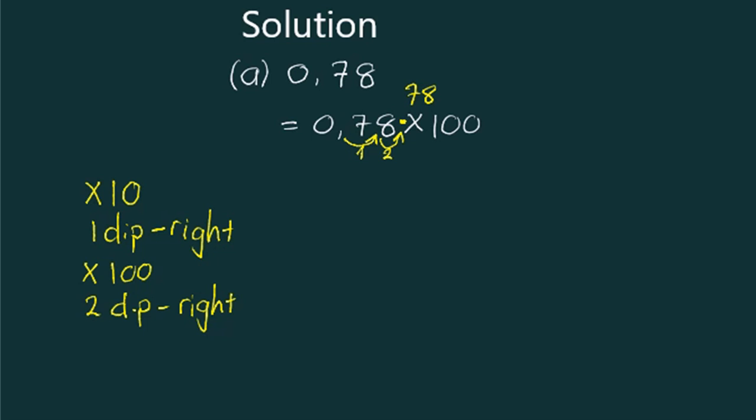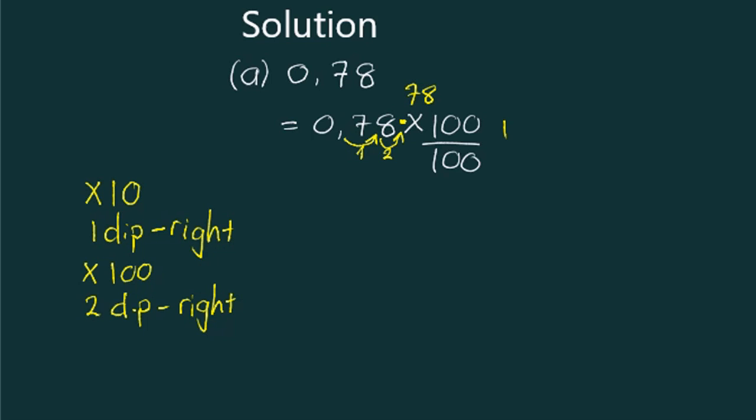So instead of really multiplying by 100, I'd rather multiply by 100 over 100, so that it still maintains its value. It still is 0.78, because 100 over 100 is 1, and any number multiplied by 1 still remains with its value. You'll see shortly why I'm doing this.